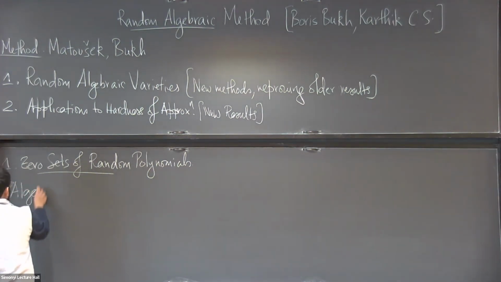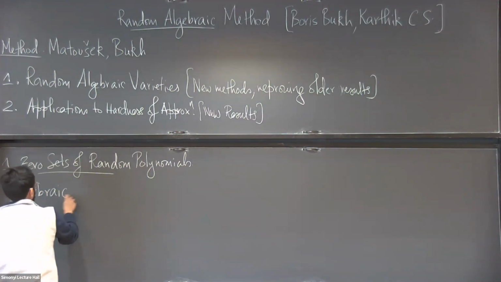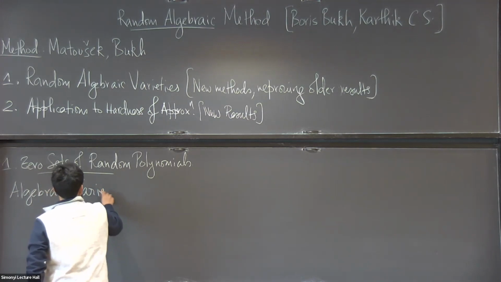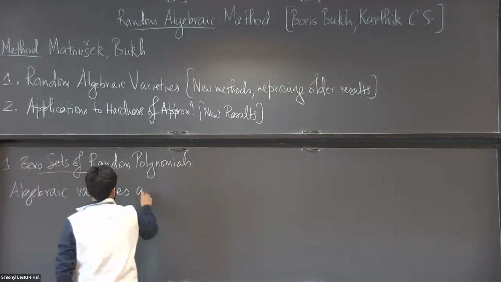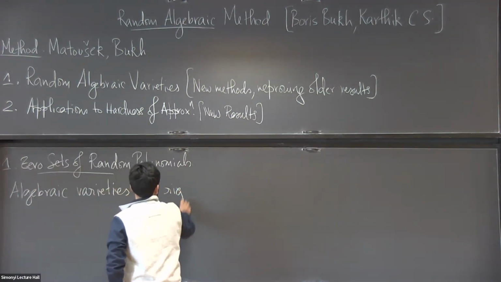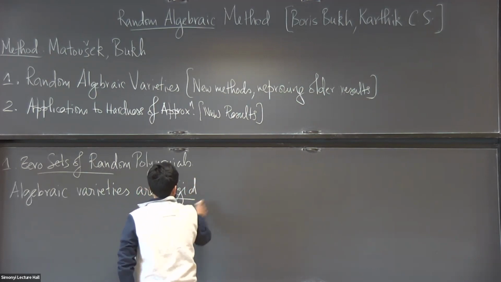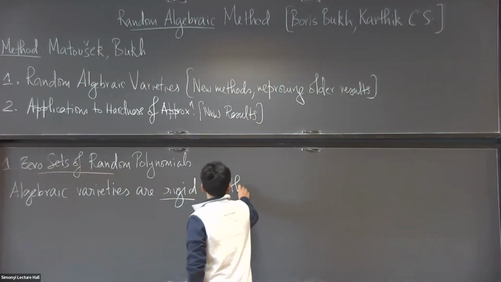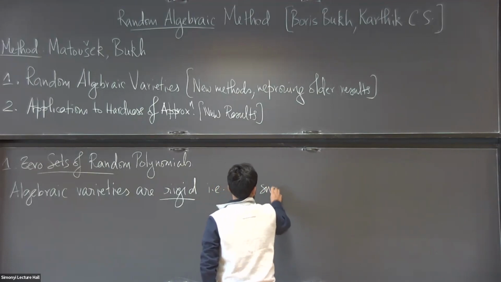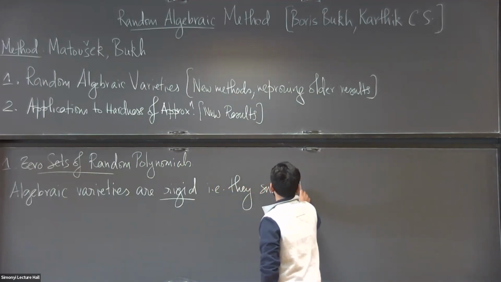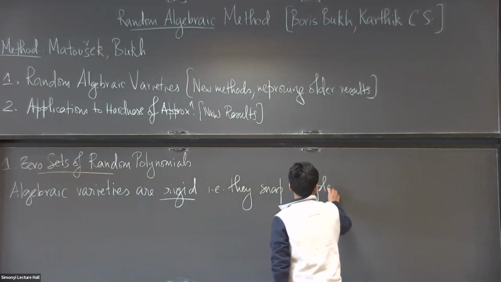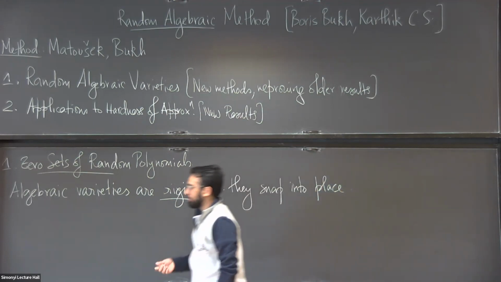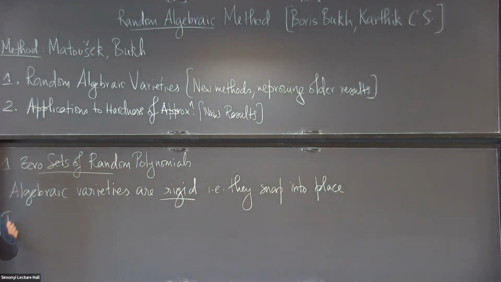The point that I'll make is this: algebraic varieties tend to snap into place. I like that word because it's evocative of what's happening. So let's start with a toy question.